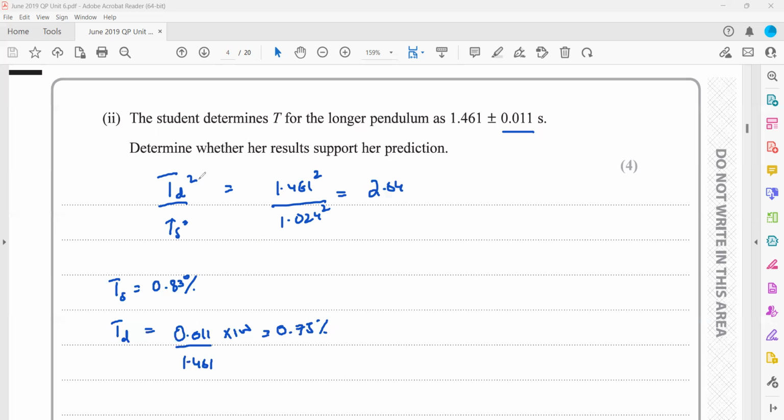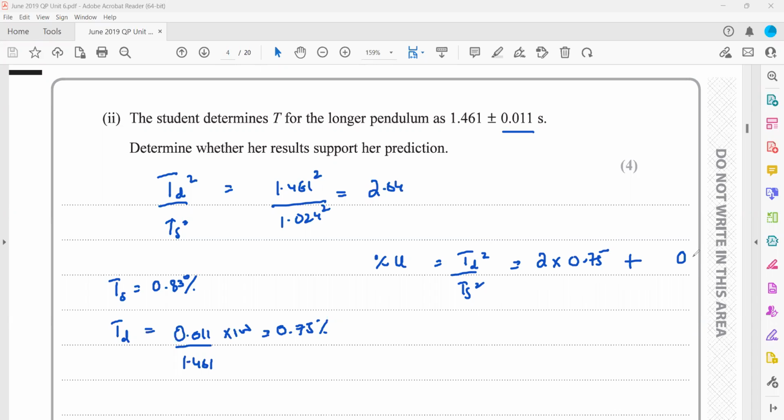Now, what is the total percentage uncertainty in the calculation of TD square over TS square? First, because there is a power 2, the percentage uncertainty will be multiplied by 2. So TD has an uncertainty of 0.75, times 2. Why times 2? Because the power 2 is there. And plus, what is the uncertainty in TS?